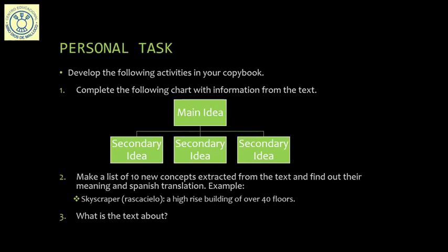You can use it if you want. Okay, so you are going to do the same with 10 new concepts. And finally, you are going to answer, what is the text about? It's like a summary of what was mentioned in the text. What did you understand from the text? And everything is going to be developed in your copybook.